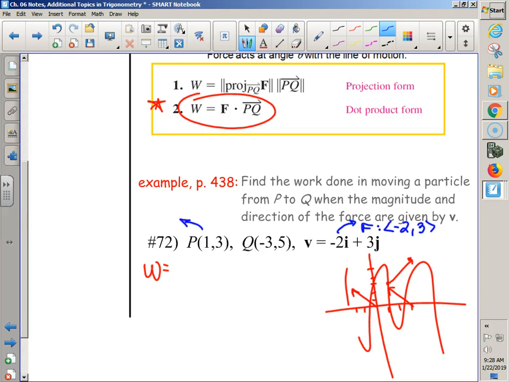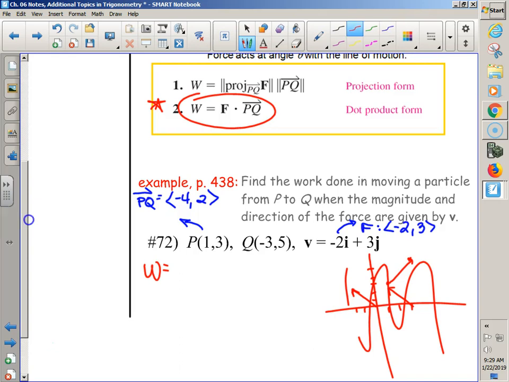Do you guys remember how to take an initial point and a final point and make it into a vector in component form? Do we do Q minus P or P minus Q? Good. Final minus initial. So what's -3 minus 1? And what's 5 minus 3? Now do we have two vectors? And now can we do a dot product? Perfect. That's all we need.